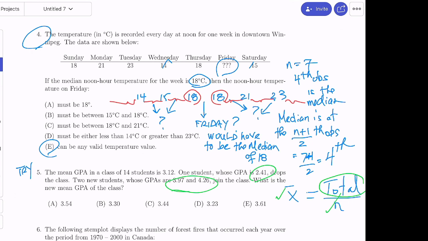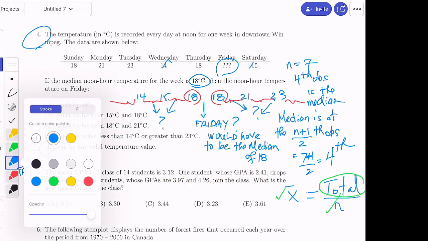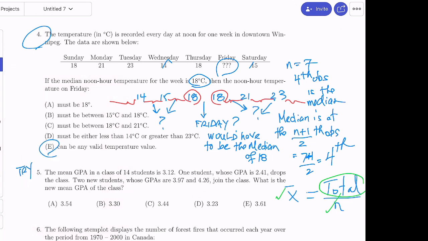So do that for people who don't have the answer yet. Make that calculation. So you're going to take 3.12 is equal to the total divided by 14. You see? So the total must be, make the multiplication, multiply these two together.